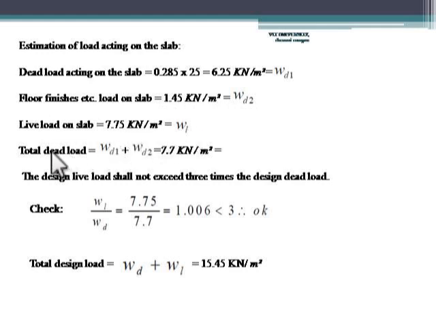So the total dead load WD1 plus WD2 is 7.7 kilonewton per meter square. The design live load shall not exceed 3 times the design dead load. So we are checking WL by WD, that is 1.000. It's not greater than 3, so it is okay. The total design load is equal to WD plus WL, that is 15.45 kilonewton per meter square.